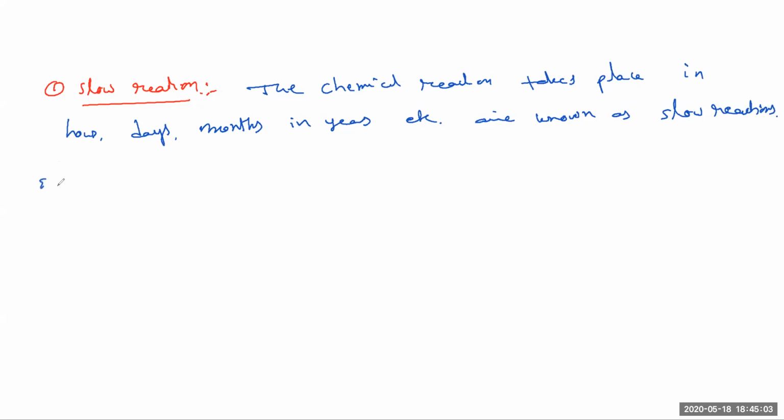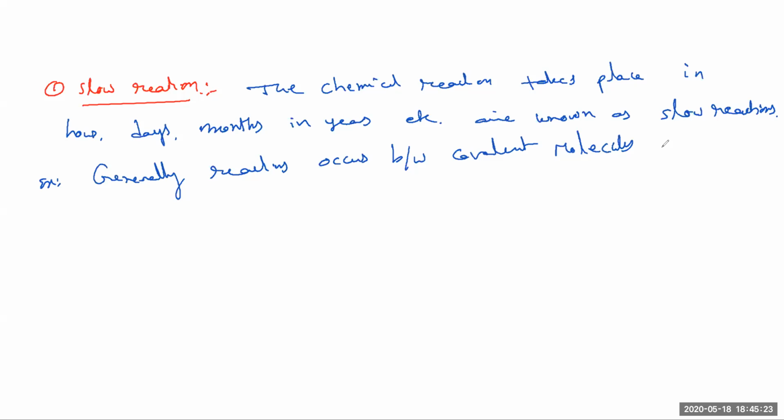For example, what are the slow reactions? Generally, reactions between covalent molecules are slow reactions.